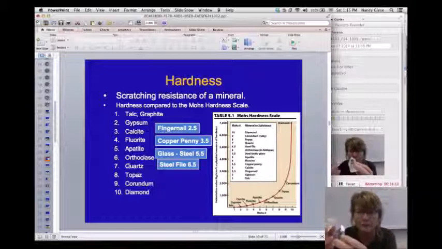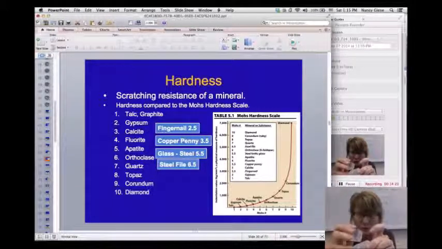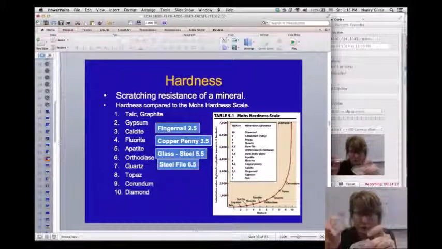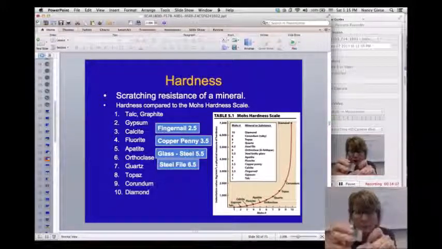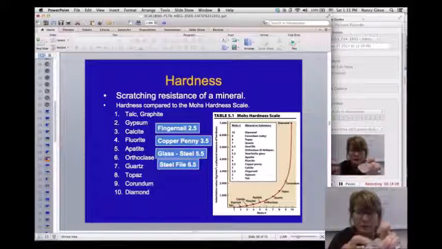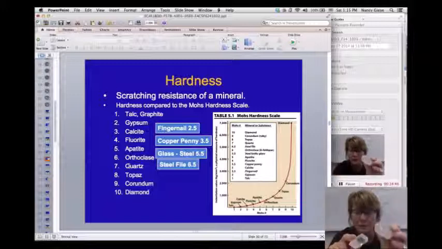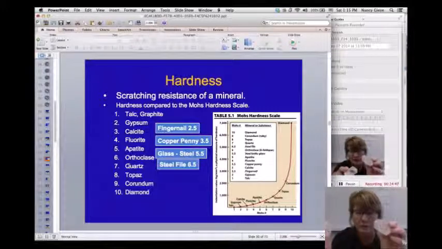I'm not going to ruin these samples by scratching them, but if I were to take a corner of one mineral, and we're not rubbing, we're just making one hard movement across the other one, and when I'm done there is no scratch, I don't feel any indentation, that tells me that this mineral is harder than this mineral.